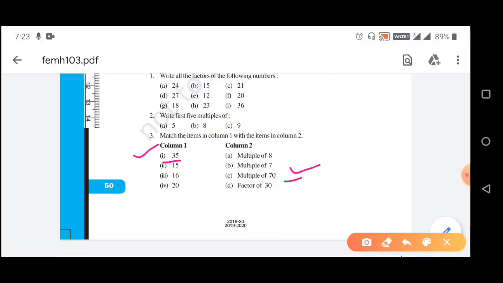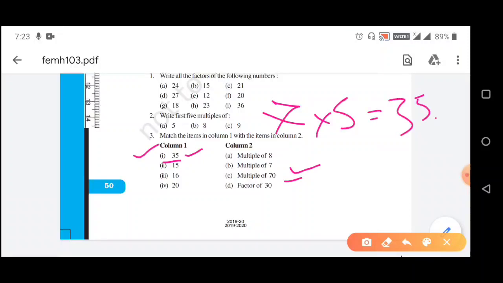We know a multiple of a number is equal to or greater than the number. So 35 cannot be a multiple of 70 because 35 is less than 70. So 35 can be the multiple of 7. 7 into 5 is equal to 35.